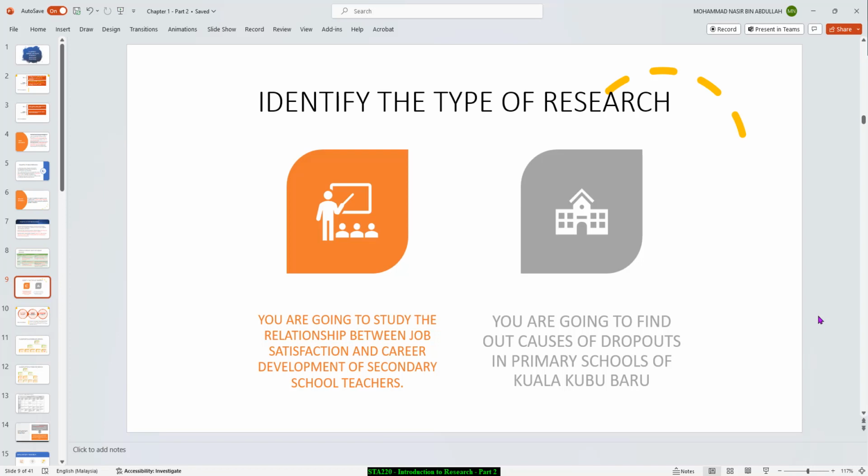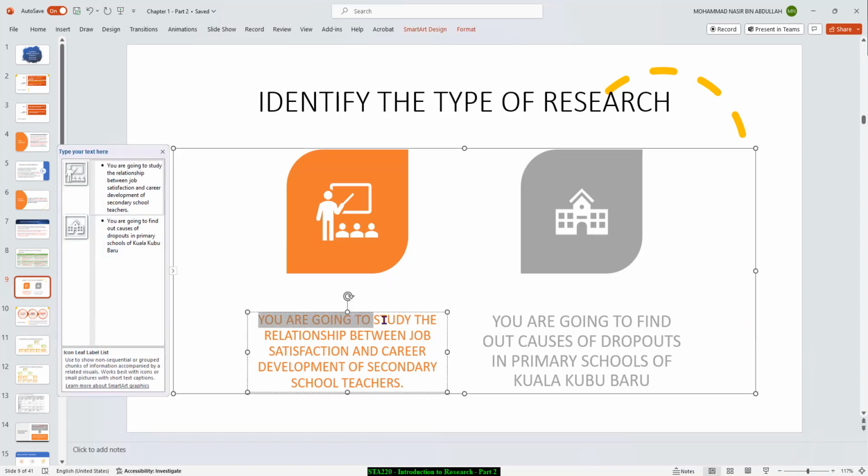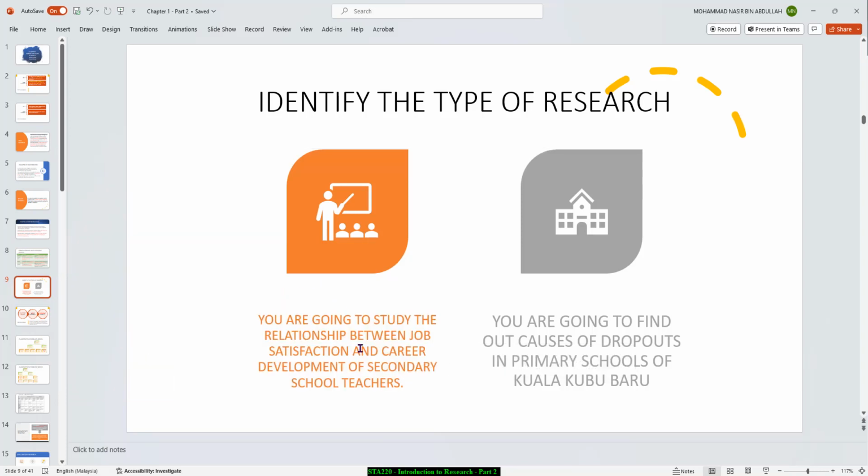So, identifying the type of research. Can you identify, on the left hand side, you are going to study the relationship between job satisfaction and career development of secondary school teachers. Is this basic research or applied research? You want to study the relationship between job satisfaction and career development.